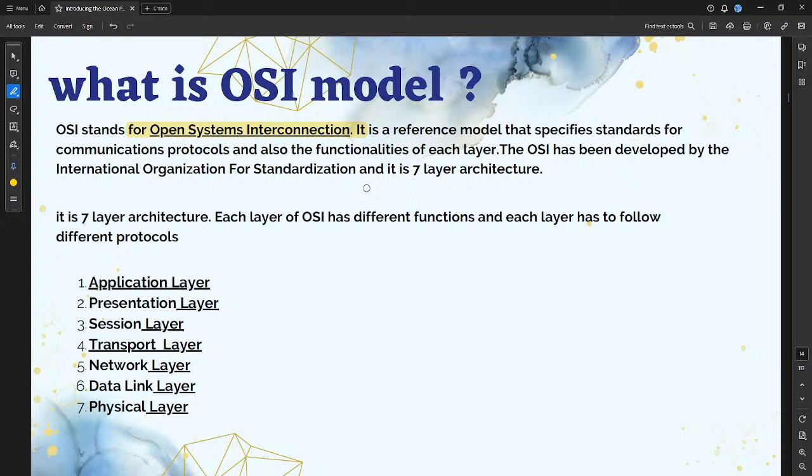Before the rise of this OSI model, we had instances whereby, for example, if you have an ASA system and you're trying to communicate with an HP system, there would have been glitches, there would have been issues in communication, except if you are having an ASA system and another ASA system, and then you can communicate with each other perfectly.